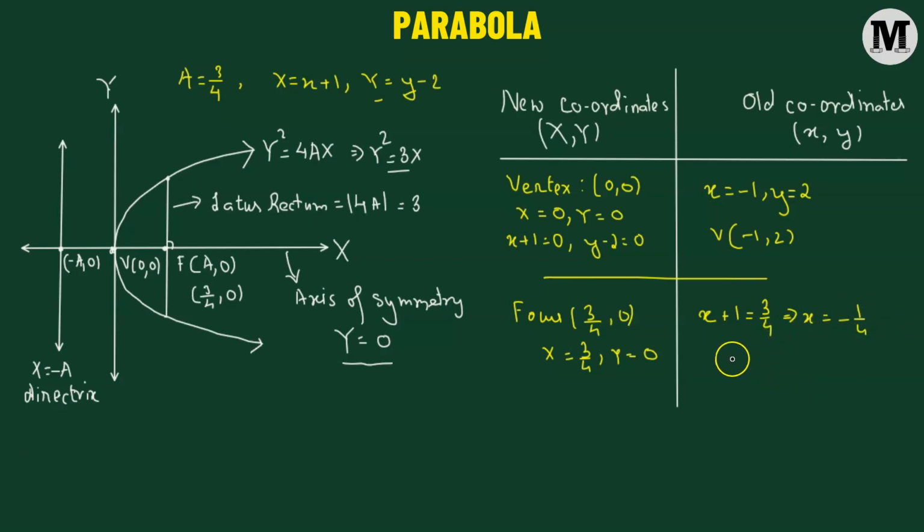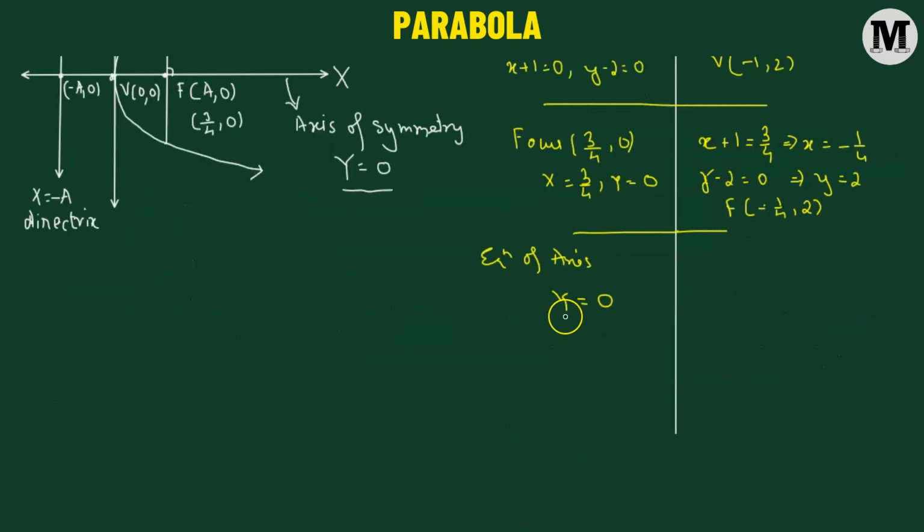And then we have the y value equals 0. So in place of y, we replace it with y minus 2. That will be equal to 0, giving us y equals 2. So that means the coordinates of the focus according to the original coordinate system will be negative 1 over 4, comma 2.